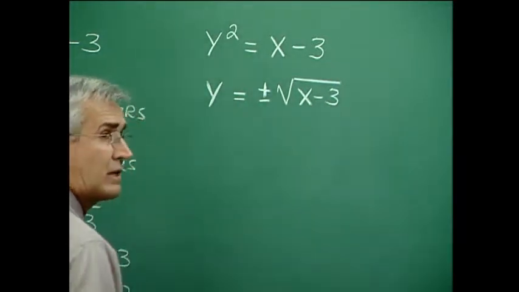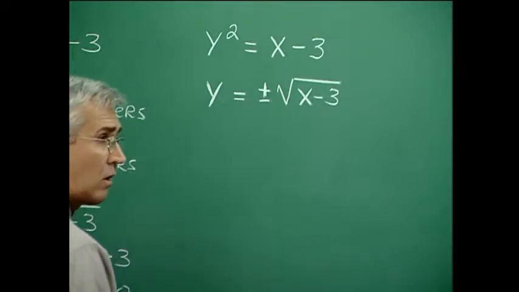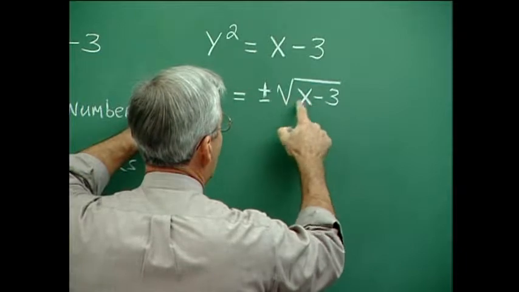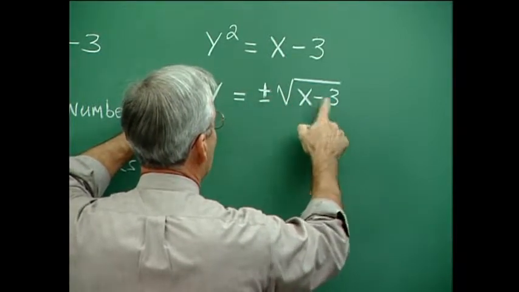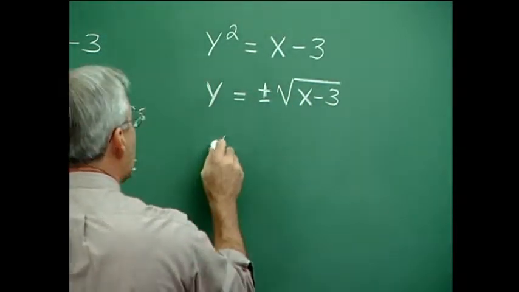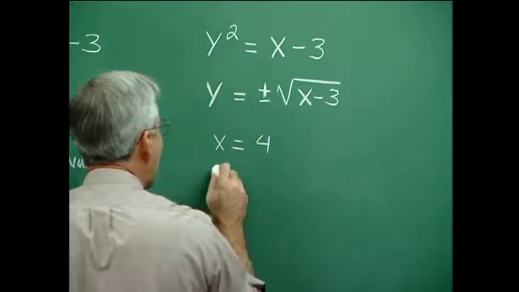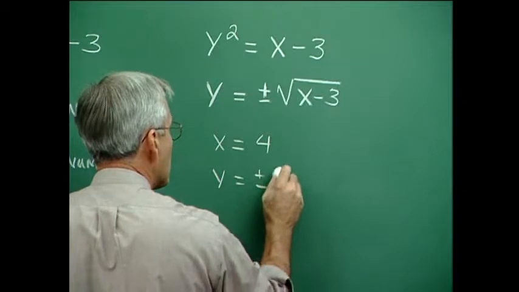Now let's let x take on a value like, let's say, 4. So we would have 4 minus 3 is 1, and the square root of 1, plus or minus, is plus or minus 1. So when x is 4, y is plus or minus 1.